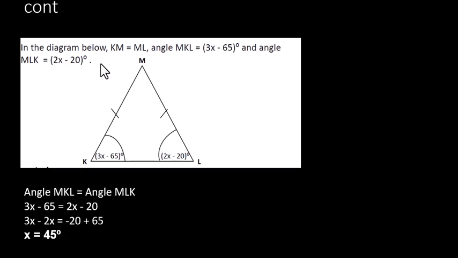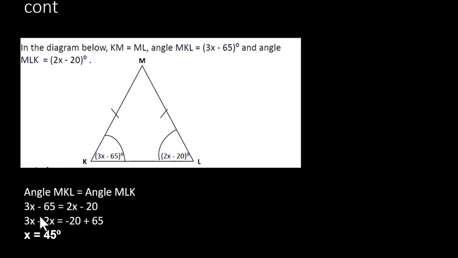So in this particular case, we know that angle MKL is equal to angle MLK. So we're going to equate these two variables or terms we have been given to find the value of x.